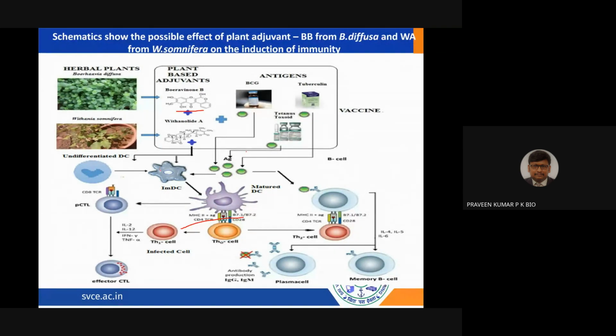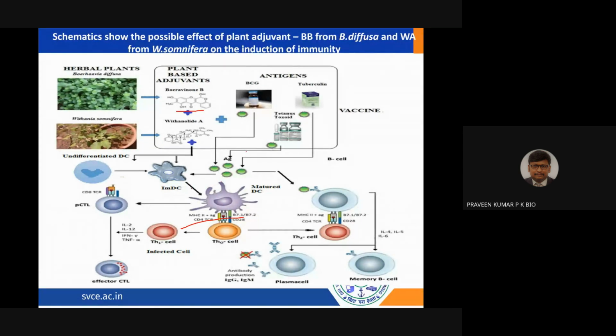So this is the general life cycle of the dendritic cell. But in my case, I found instead of 5 days, even on the fourth day itself, I found the immature dendritic cell, and even the maturation happened very rapidly. So even the plant-based adjuvants are used for maturation, and also during the antigen uptake by immature dendritic cells.